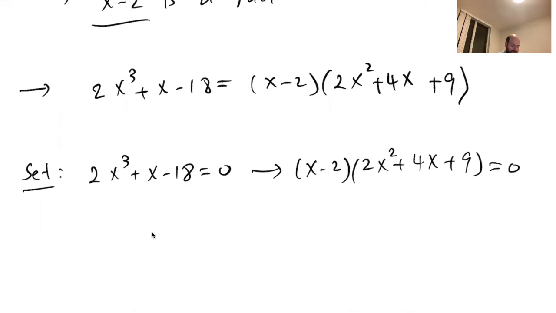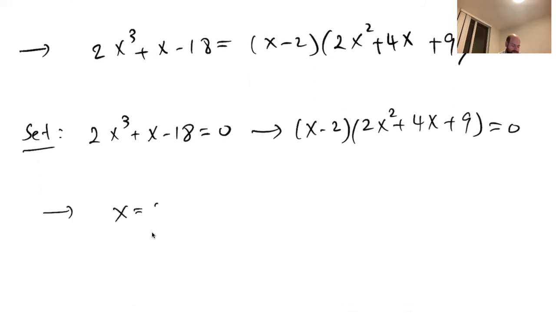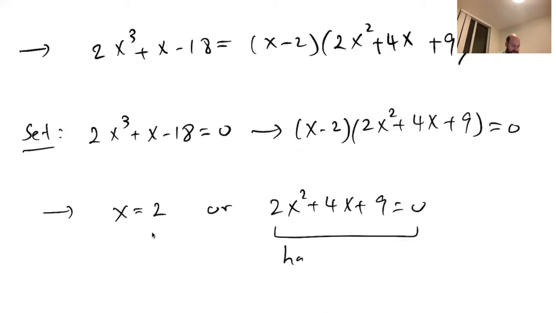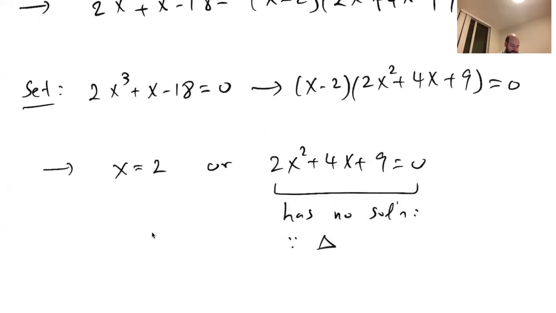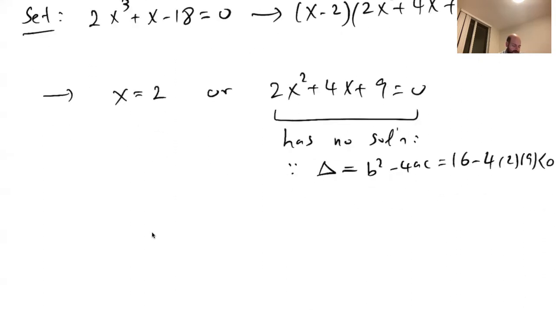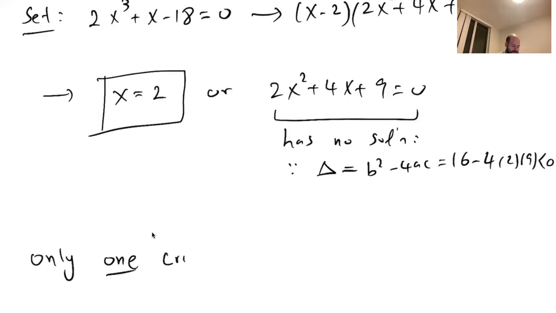And that gives x equals 2 or 2x squared plus 4x plus 9 equals 0. But you can easily check that this equation has no solution, because the discriminant delta is b squared minus 4ac, which is 16 minus 4 times 2 times 9, which is negative. So I have only one solution, only one critical point, x equals 2.